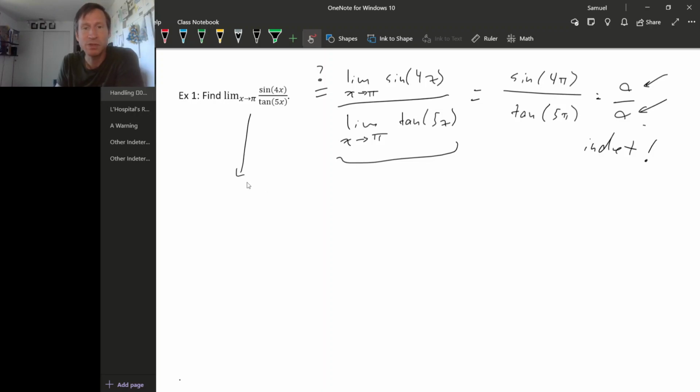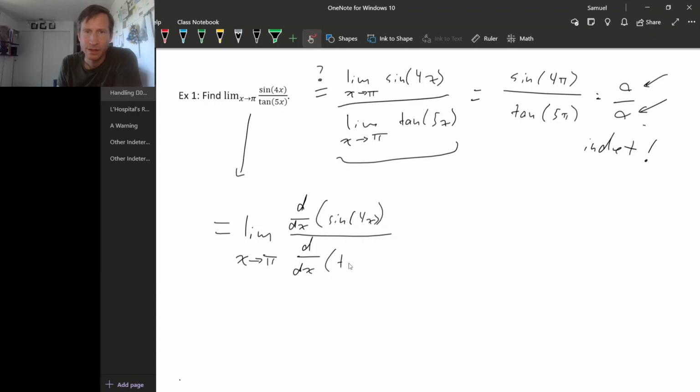So we can replace this limit, the one that we were calculating, with the limit as x goes to pi of the derivative of sine of 4x divided by the derivative of tangent 5x.